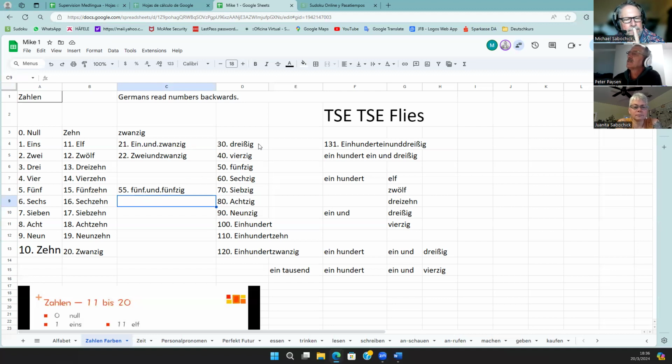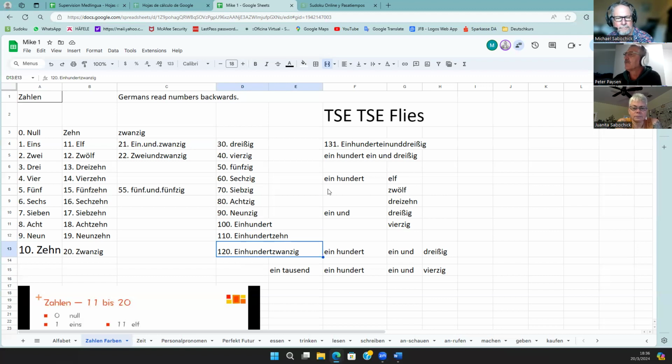And the other tens, 30, 40, 50, 60, 70, 80, 90, and then we come to 100, then we come to 110 and 120.